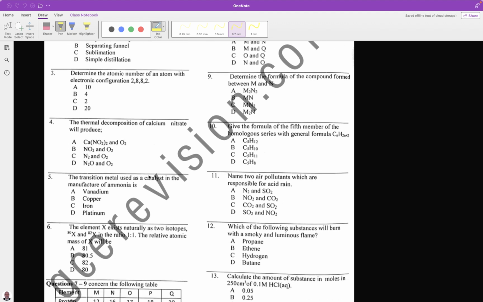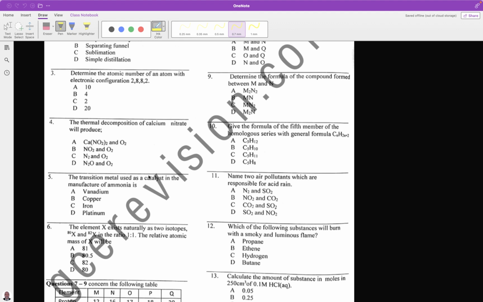Question 4. The thermal decomposition of calcium nitrate will produce: calcium nitrate and oxygen; nitrogen dioxide and oxygen; nitrogen and oxygen; dinitrogen oxide and oxygen.